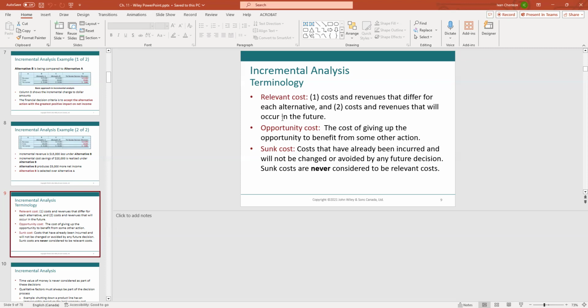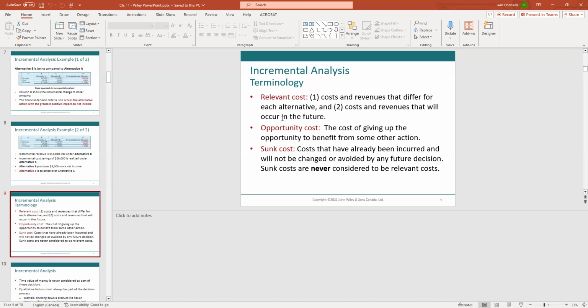Sunk cost is the cost that should never be considered when we're making decisions, because it's the cost that has already happened. For example, again, let's go with the Hawaii and Mexico example. I'm deciding to go to Hawaii or Mexico, but I just bought my luggage.